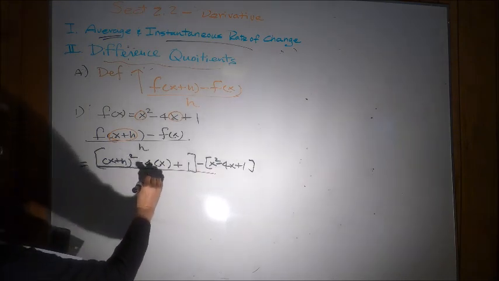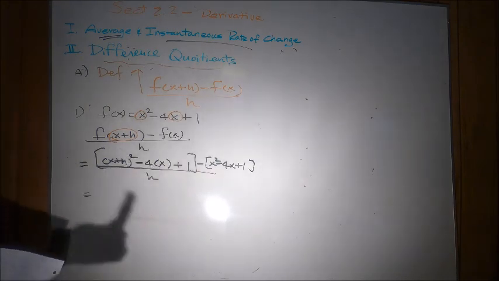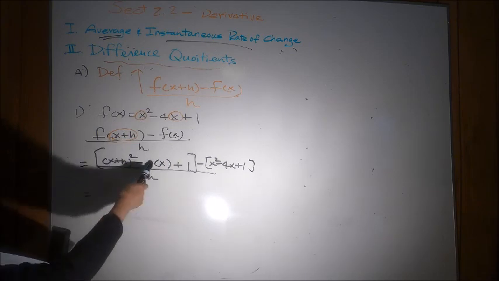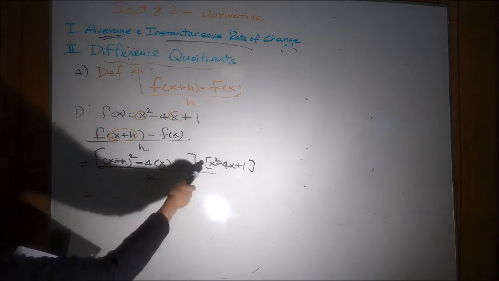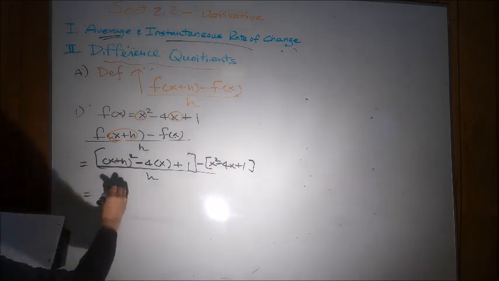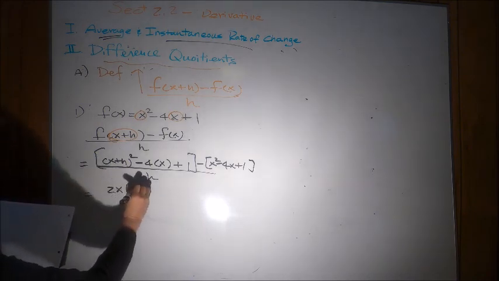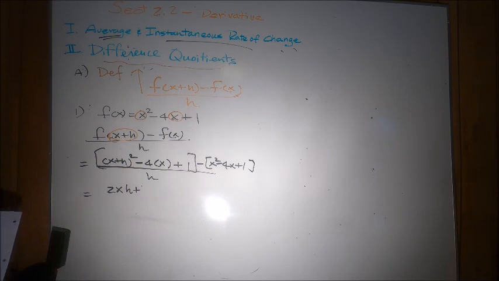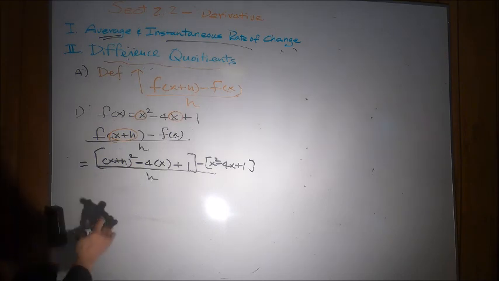Over h. Then you do your math, you FOIL them out. Minus 4x plus 1, then you minus this. Then you simplify, you should get this one, right? Do you want to see it? Okay, maybe you'd better see it once.